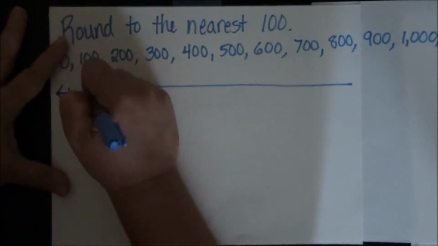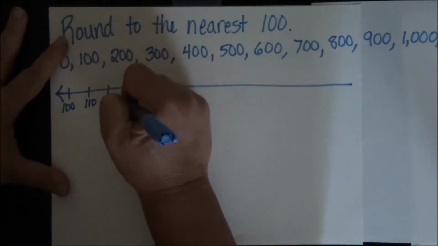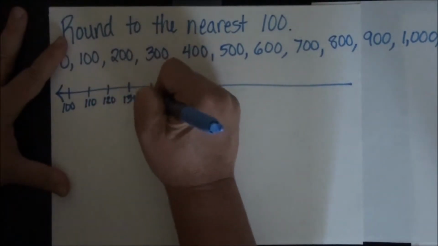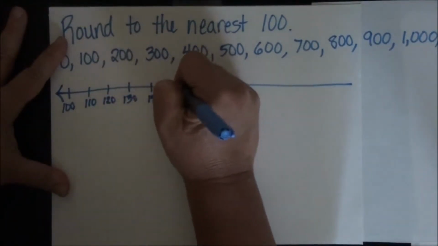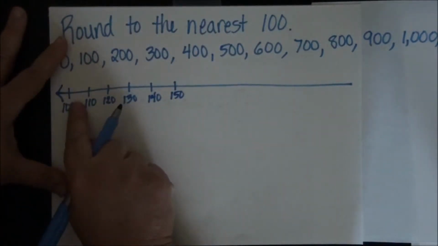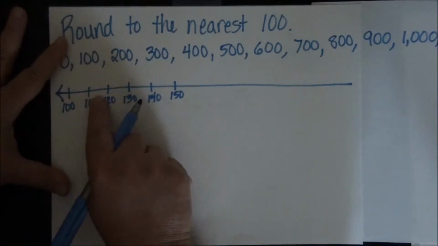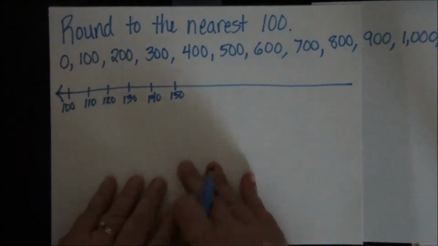So 100, 110, 120, 130, 140, 150. Now remember, there's smaller numbers in between here, but we don't need to worry about those right now.